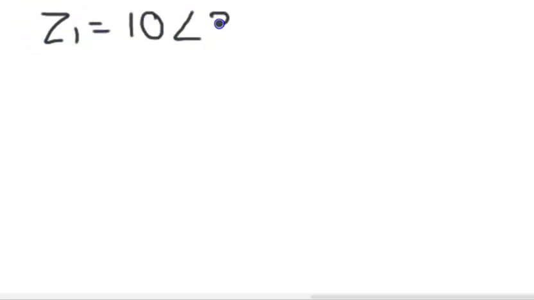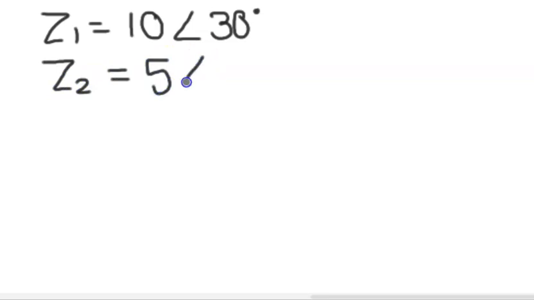Let's say we got an example here. Z1 is 10 angle 30 degrees. Z2 is 5 angle 100 degrees. And I want to find Z1 over Z2.